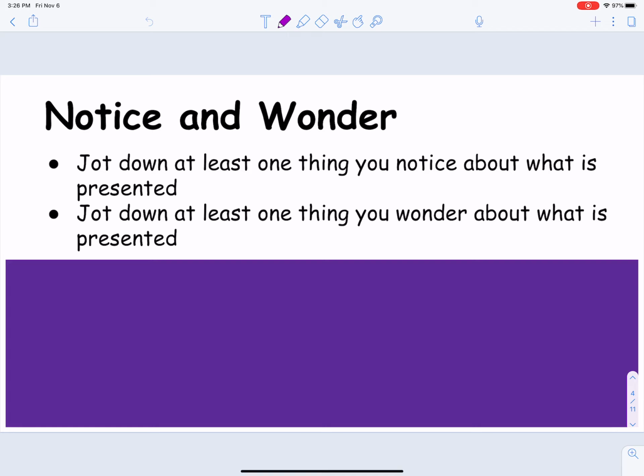I give students a minute or so to ponder and jot those ideas down. Early finishers, I say, think of another thing that you notice or another thing that you wonder, so that everybody should be working for the entire time.